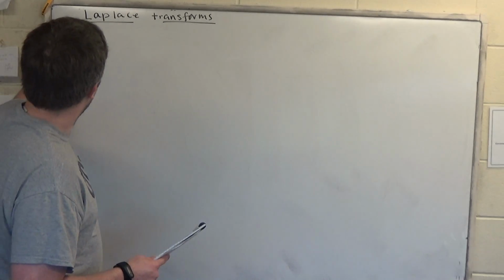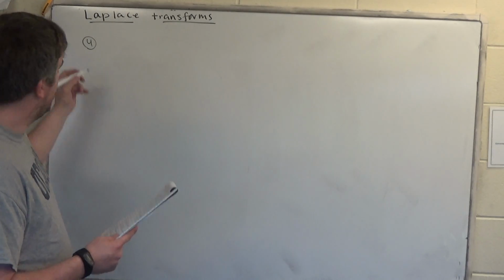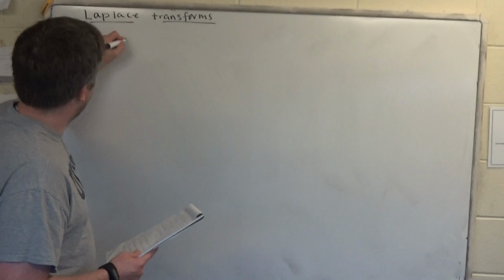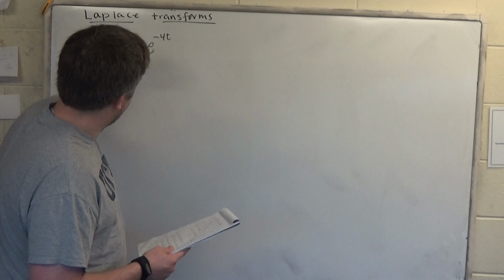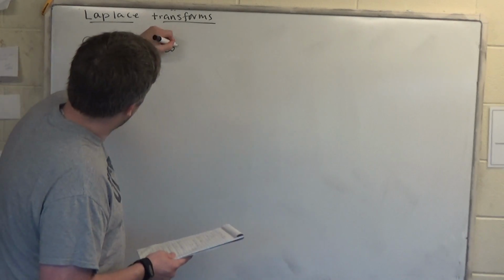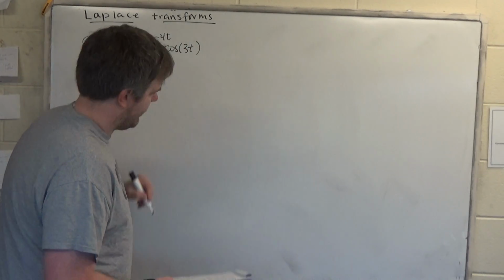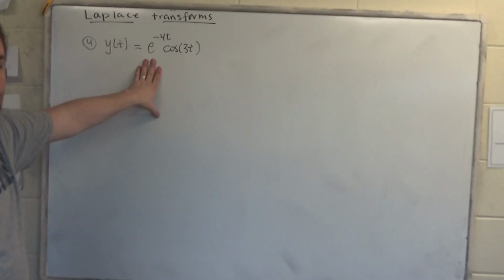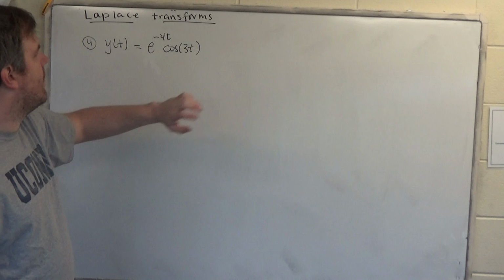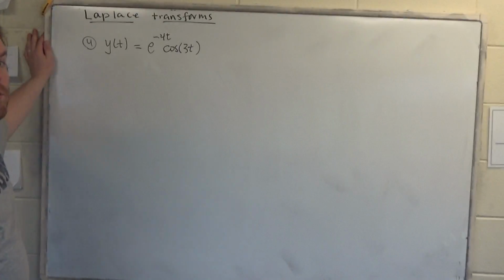The next example that I'd like to show you is number 4. In this case, we have y of t is e to the negative 4t times cosine of 3t. And while it's tempting to just take the Laplace transform of the exponential here and the Laplace transform of the cosine term, this is not going to work.